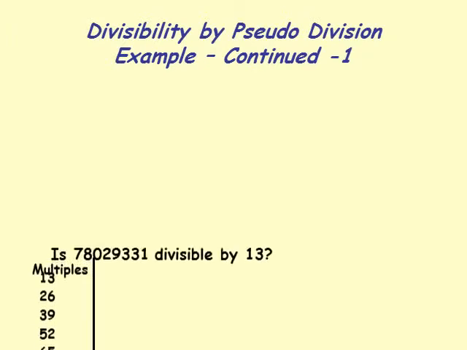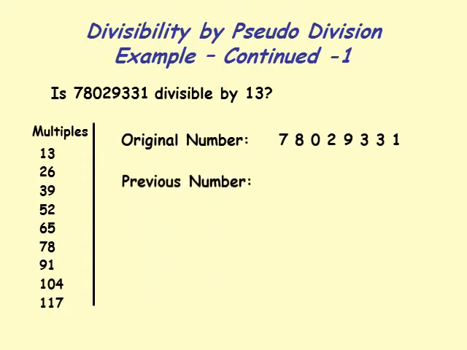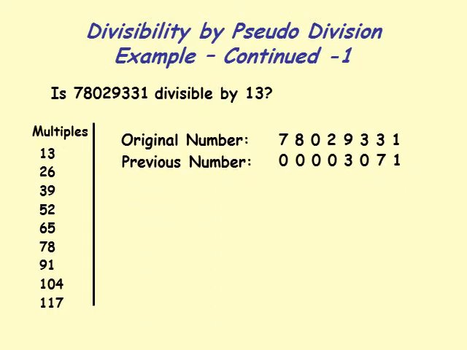Continue with the example we have. We will try to divide the number by 13. Here's my cheat sheet, and here's the original number, 780293331. After we attacked the dividend, we were left with 73071.